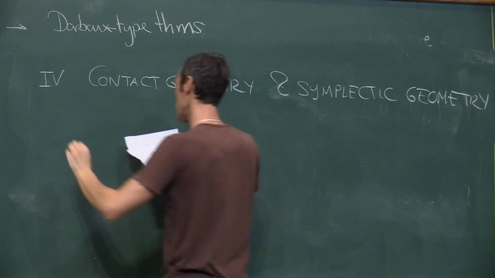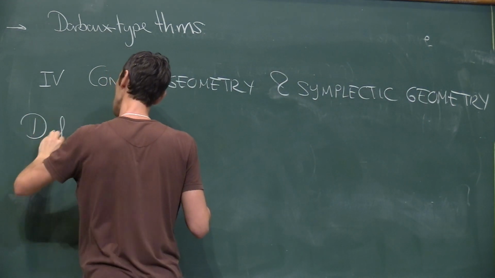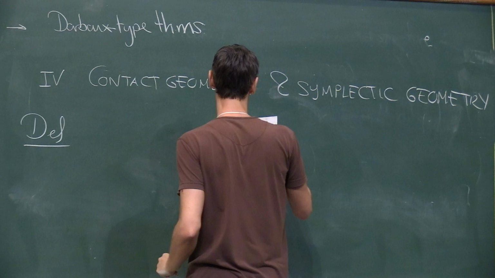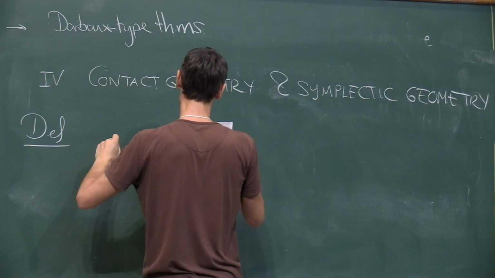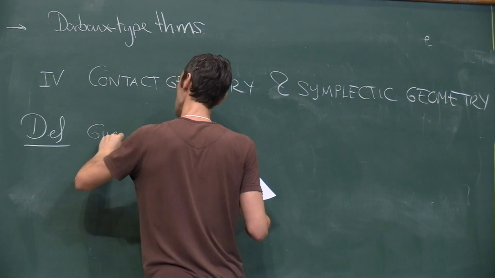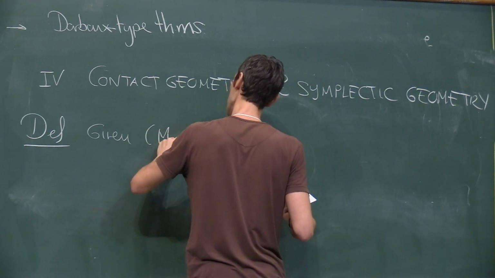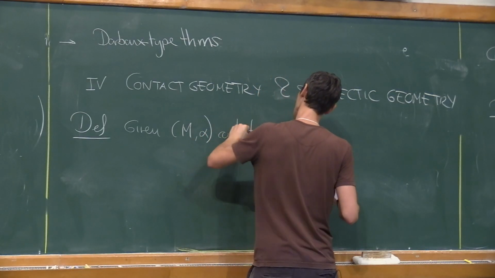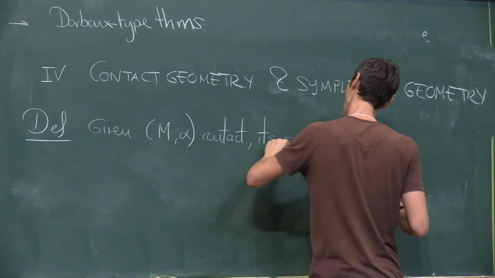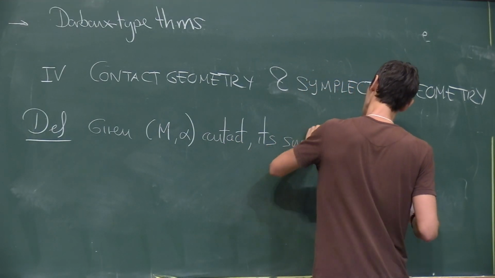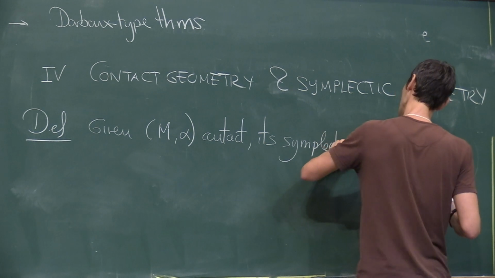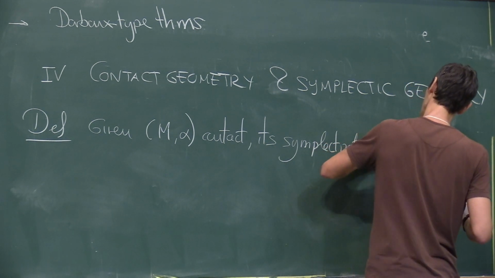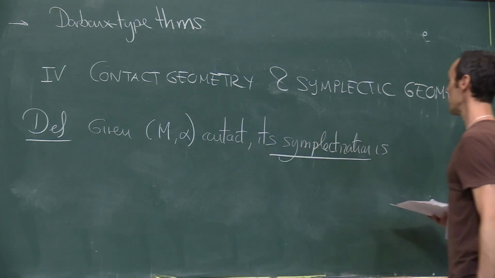All right, so let me introduce the symplectization of a given manifold with a contact one-form. Given M, alpha contact, its symplectization is the following manifold.